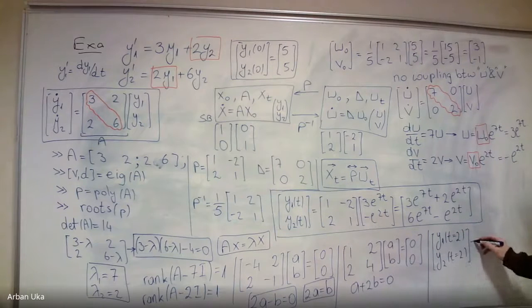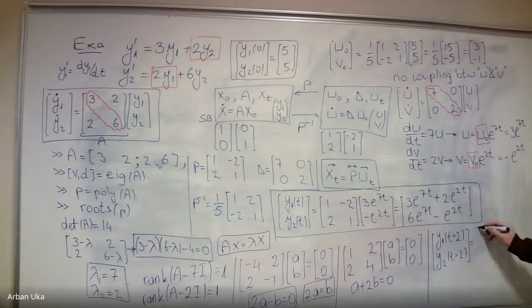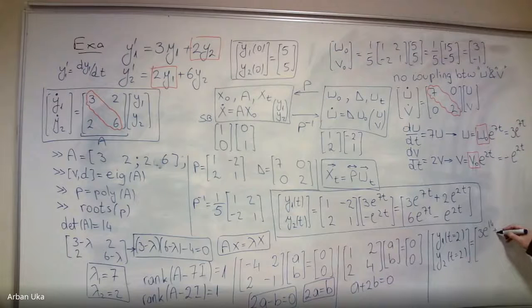So this would be equal to 3 times e to the power 14 plus 2 times e to the power 4, and 6 e to the power 14 minus e to the power 4.